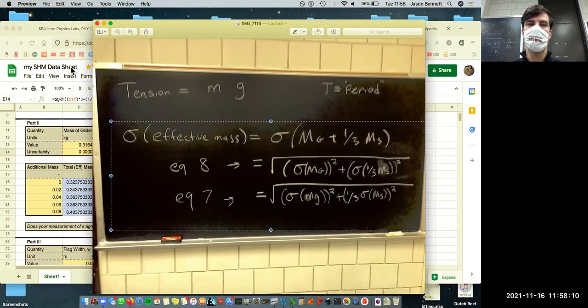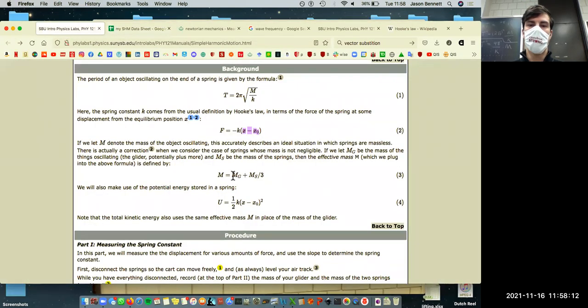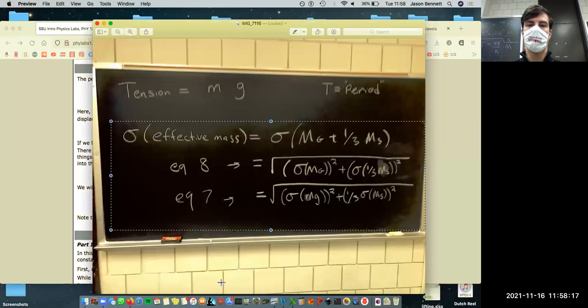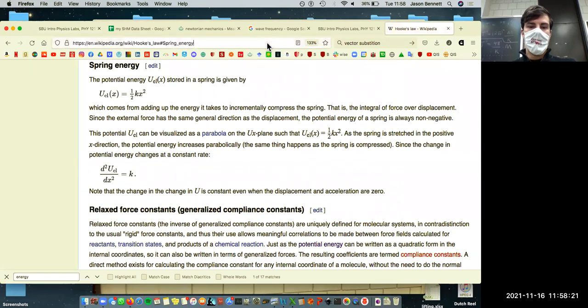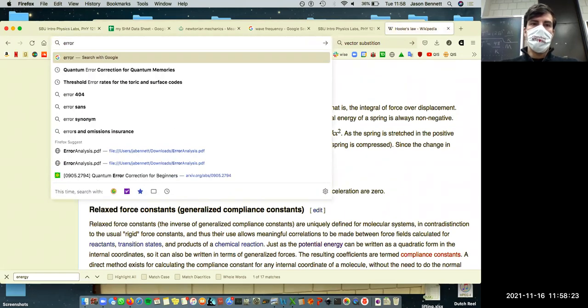So if effective mass is mass of the glider and mass of the spring times 1/3, the first step I do is equation 8, which tells me how to do sums.